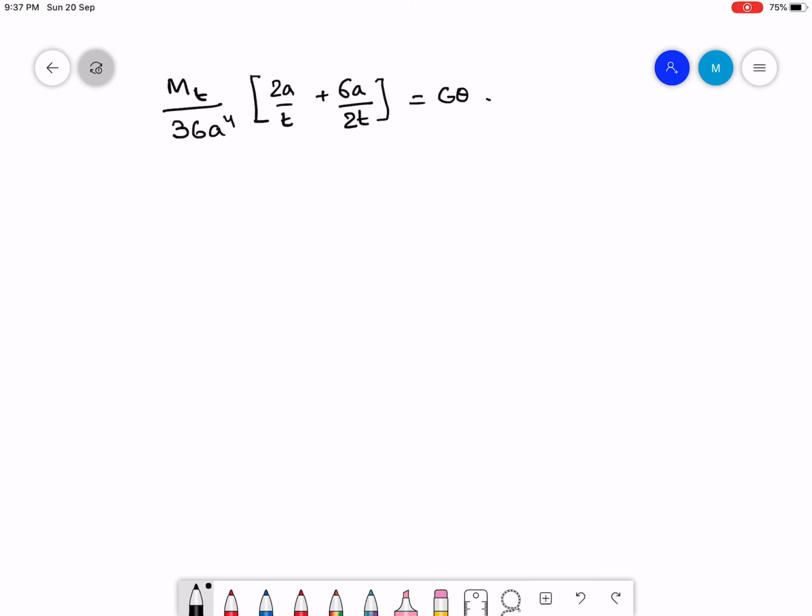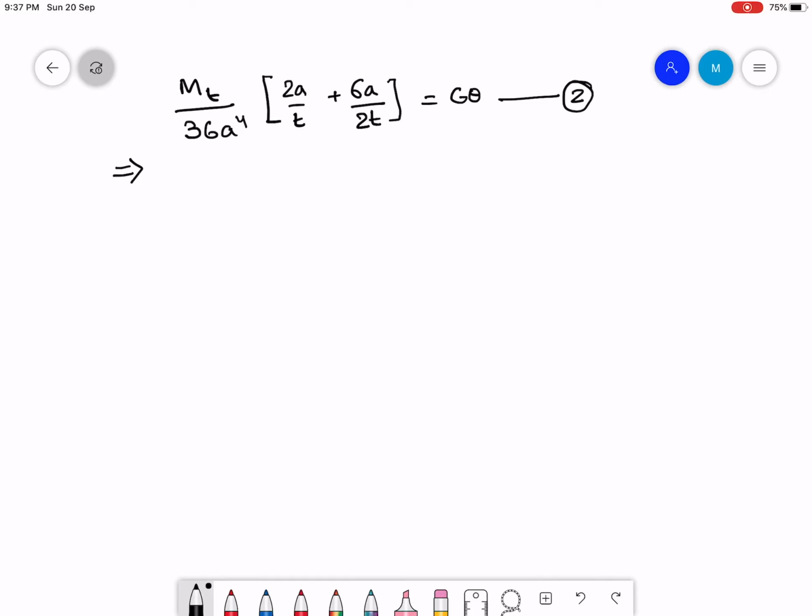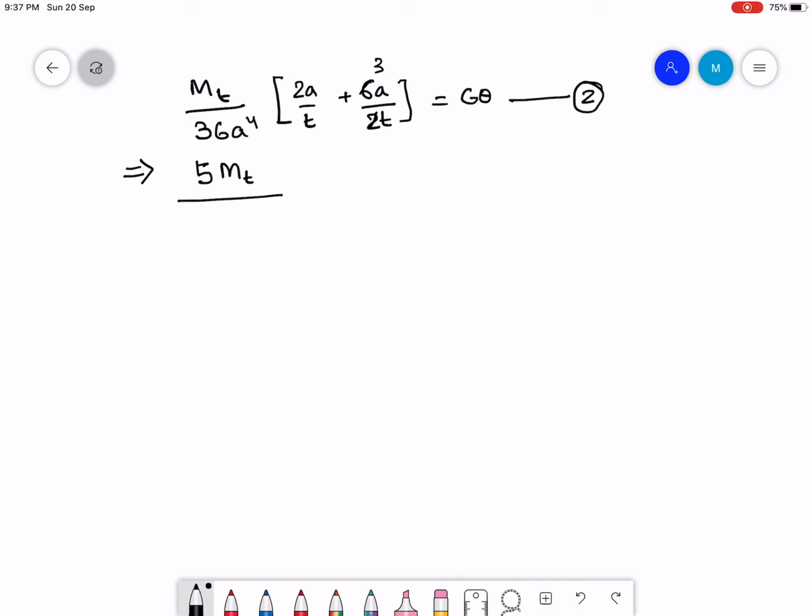So this was my equation 2. That is going to give me 5 mt by 36 a cube t is going to be g theta.